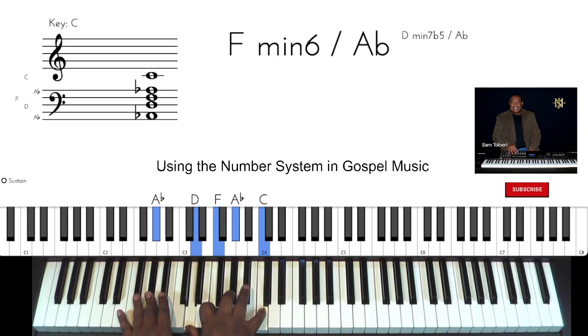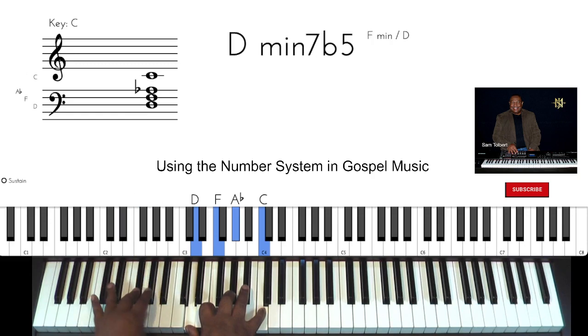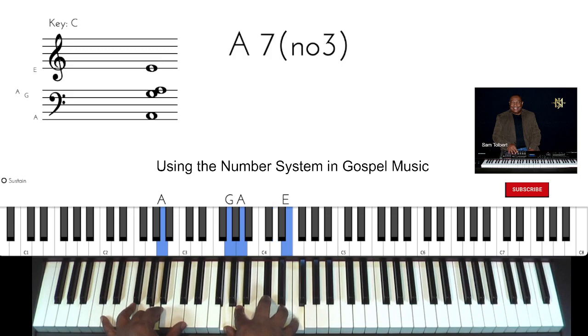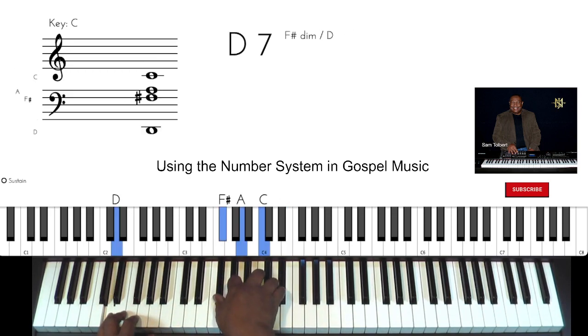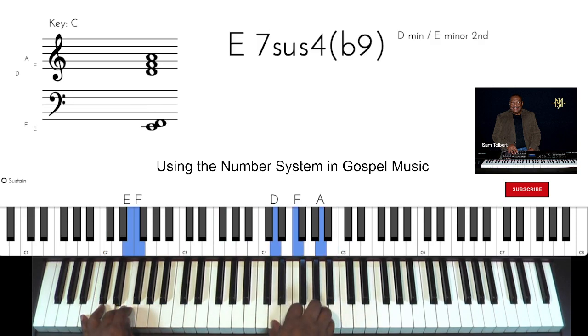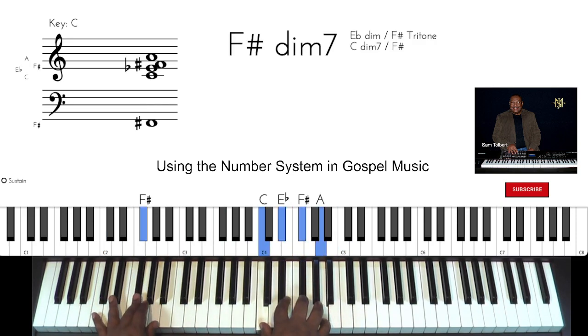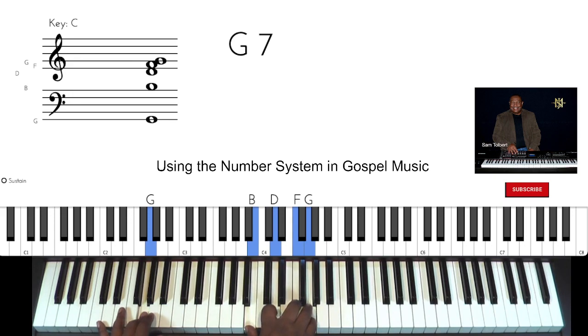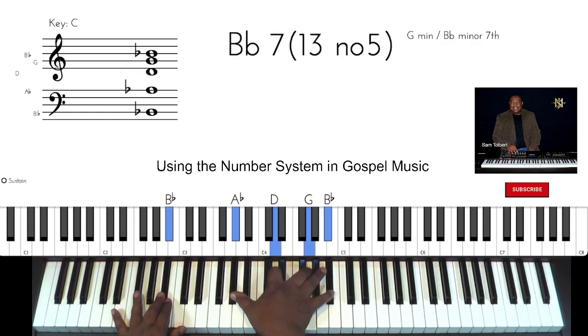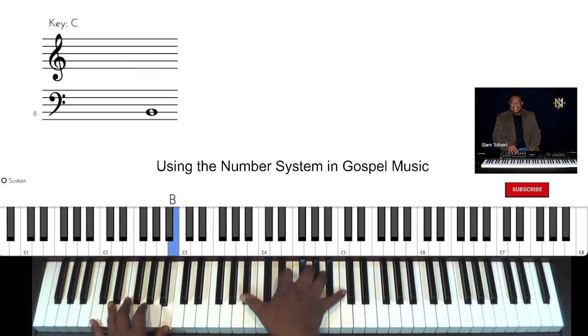I'm out of my range from this scale, but not from this scale. And back down to the 5, the 6, the 2, 5, 3, 4, 4 plus, or 4 sharp, G, 6, 6 plus, 7, and back to the 1.